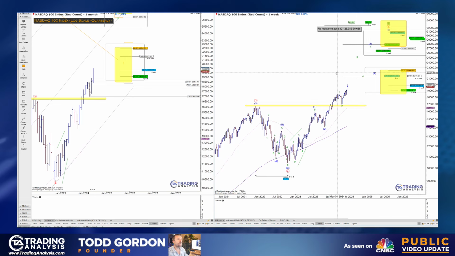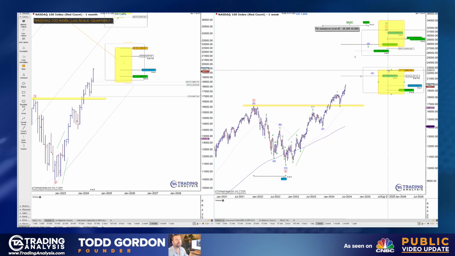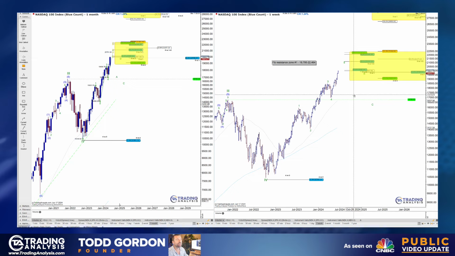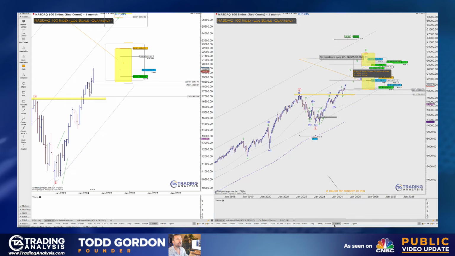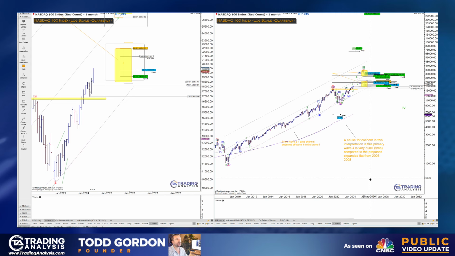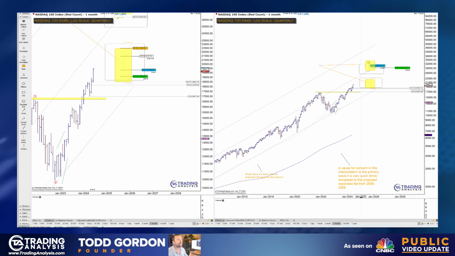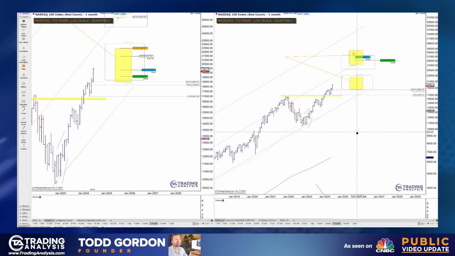Okay, so what does that mean? Well, the move up to 22.5 in the Nasdaq is going to be very telling. It's either going to produce a failure that brings us back down into this zone based on the blue count, or we do not hold 22.4, we continue higher, and the third of a third goes, and we start moving 25, 27, 29, 30K, and at that point, then we have a wave 4 that would give rise to a correction that I'm going to save for the members at Trading Analysis, but it would be quite significant.